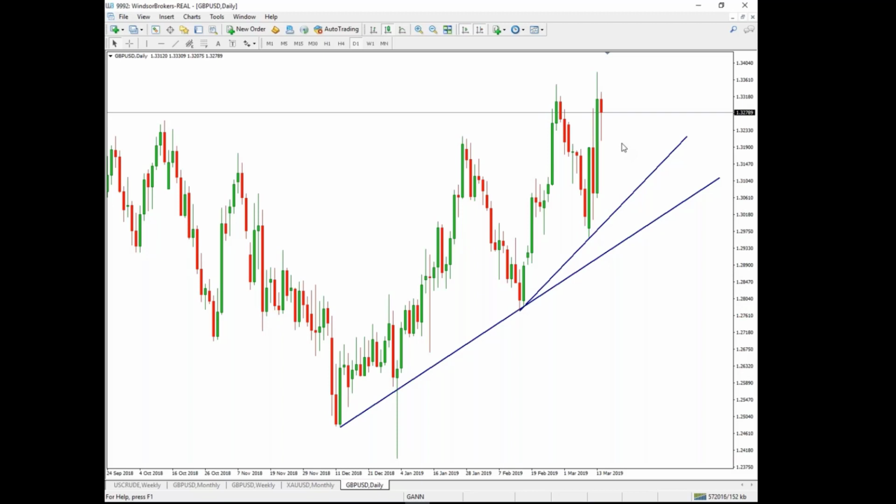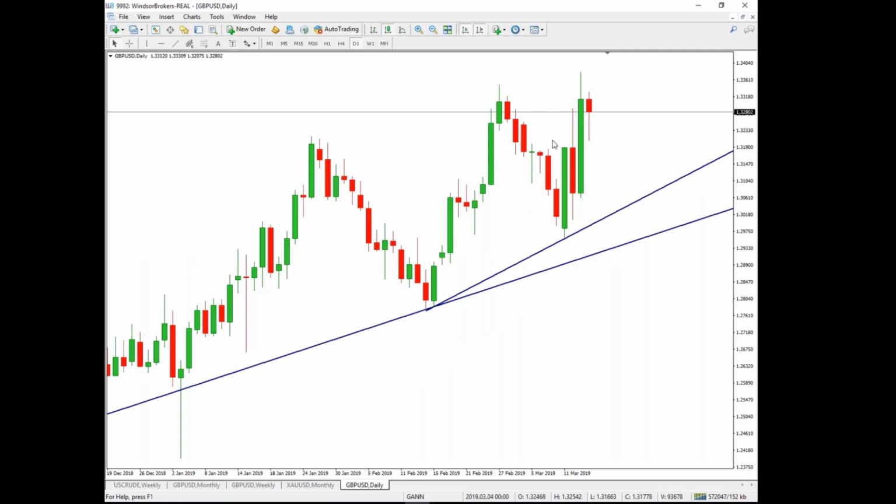The European Union gave some concessions to the UK 2 days ago, but obviously that was not enough for the UK Parliament to verify the plan, so they stayed without a plan. So the reaction of the market is these long candles in both colors.